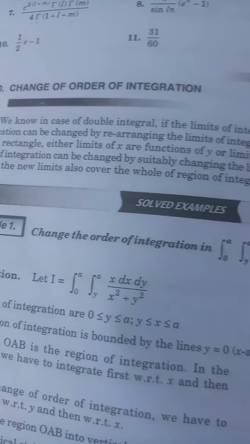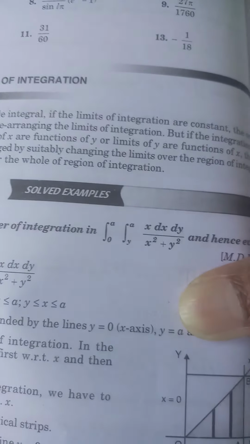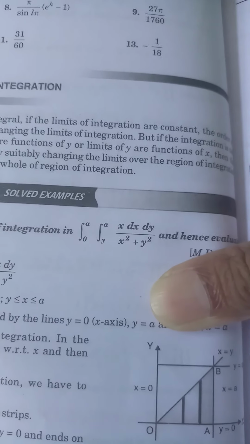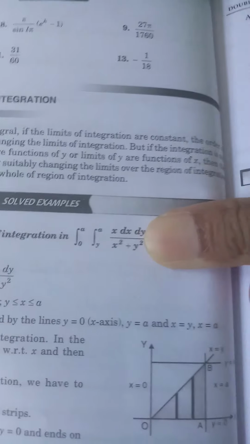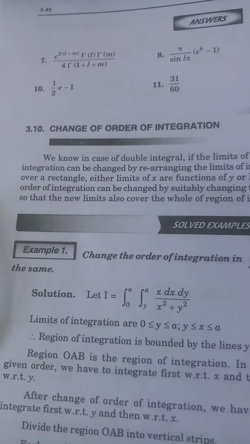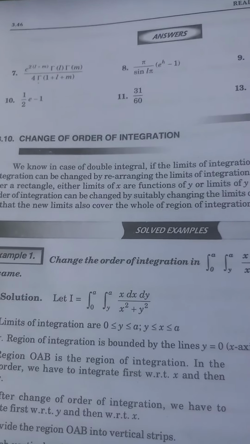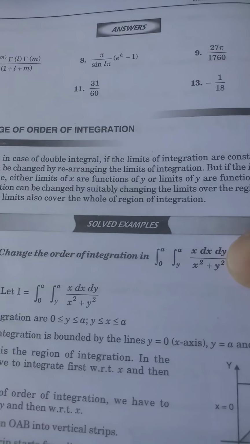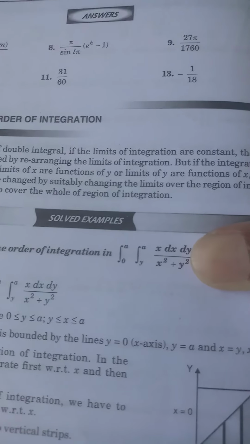We know that in case of double integral, if limits of integration are constant, the order of integration can be changed by rearranging the limits of integration.